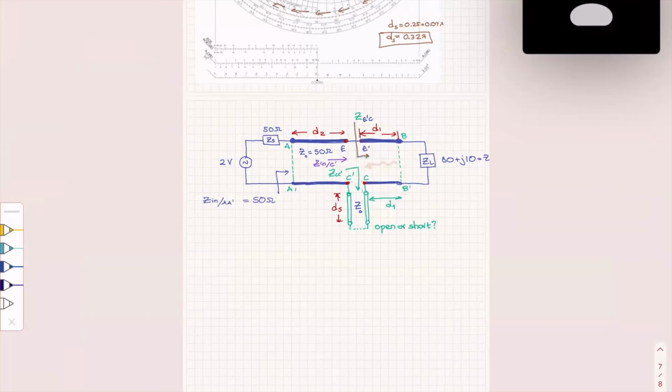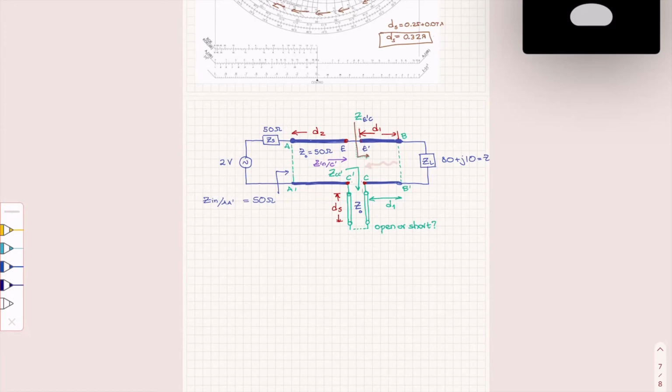Let's assume that I make D1 0. You remember what I said, that no matter what D2 I have, the moment that at this point here, the reflection coefficient has already become 0 because I matched it totally.